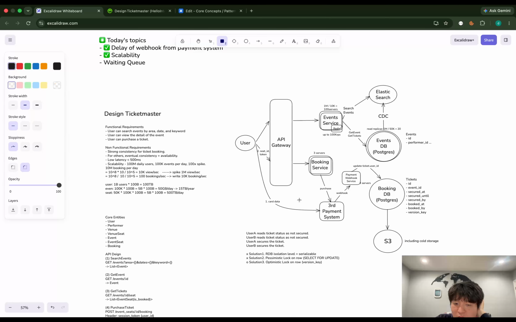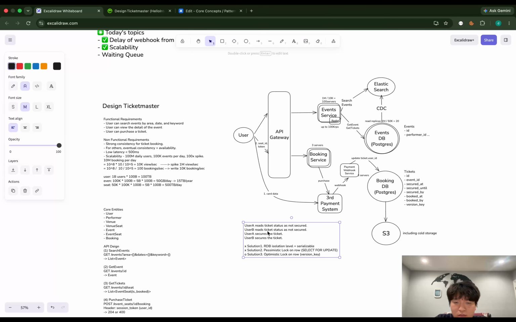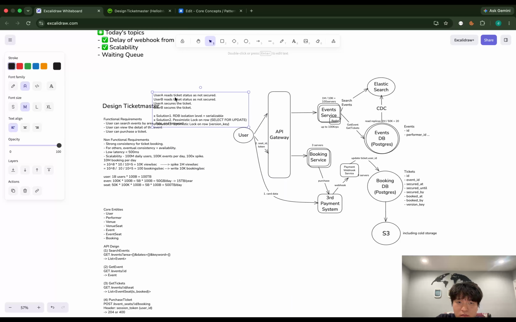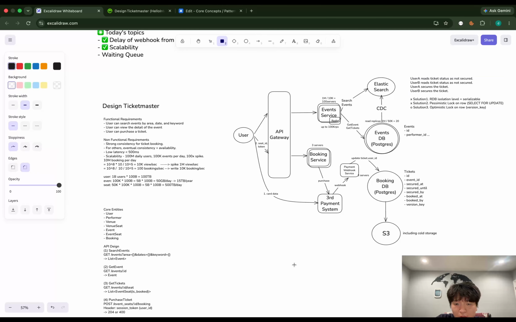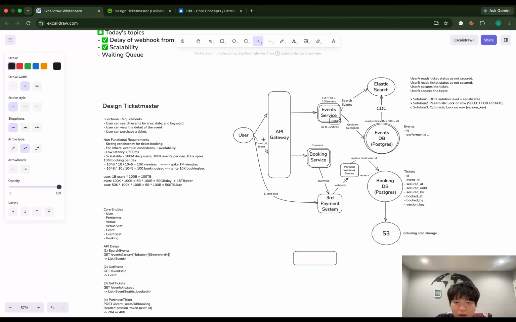So I put it here. When firstly user tries to book, he is pushed into the waiting queue. So this can be a real queue like SQS or Kafka, or maybe we can use the Redis SortedSet.